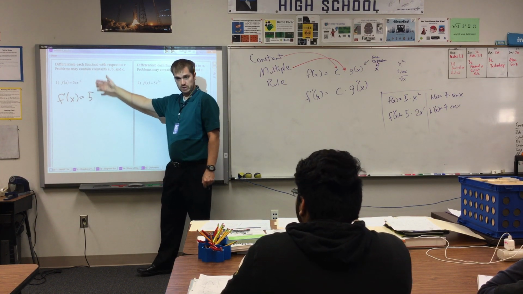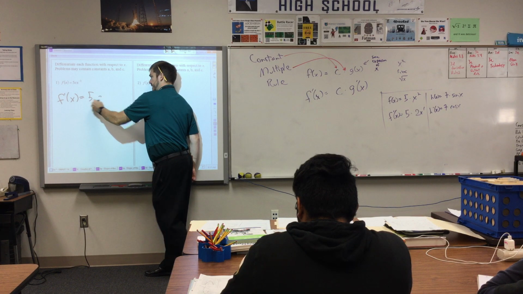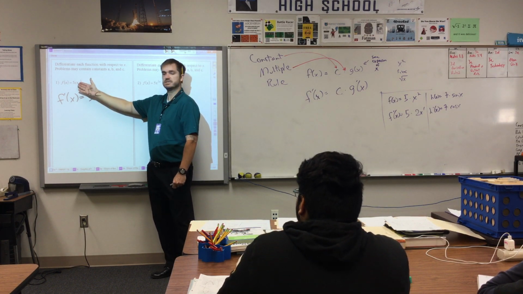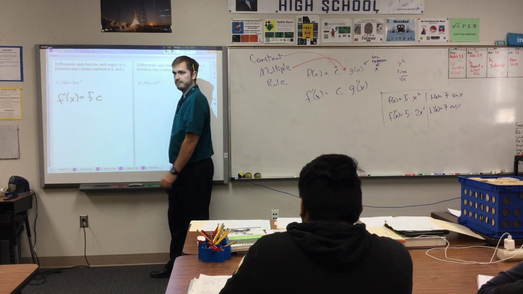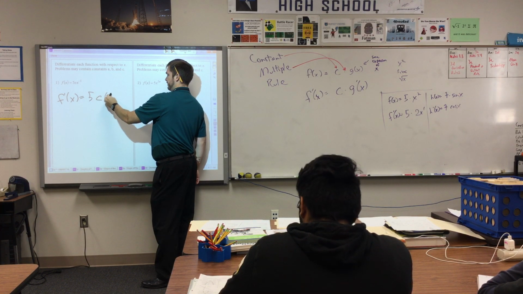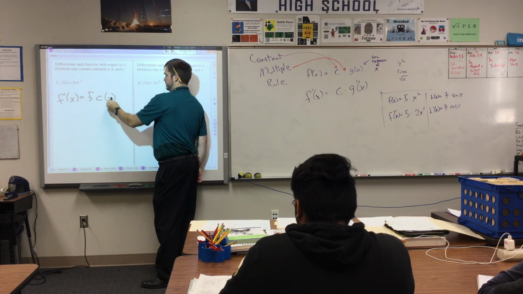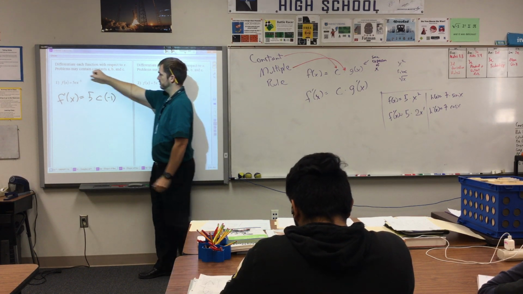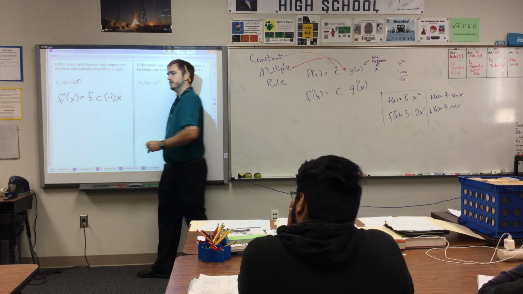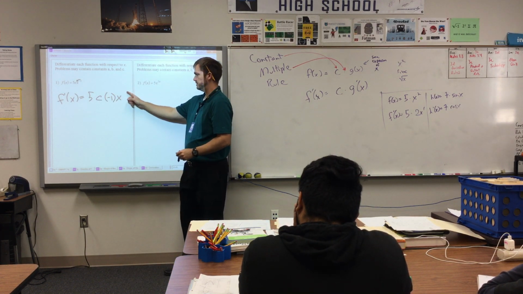C, which is a constant multiple, so that just drops down. Now what is the derivative of x to the negative 1? Give me negative 1, pop down. Take that, put it in, and then times x to the 0.